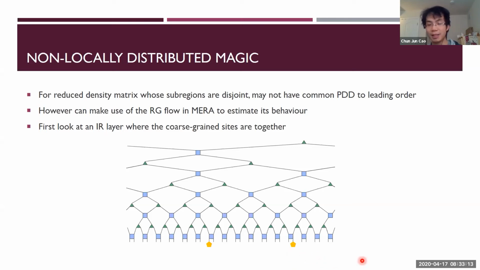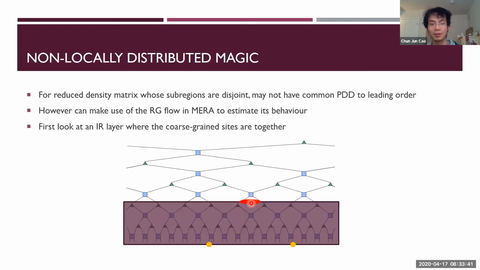We can try to understand how mana depends on their separation distance. So we cannot simply go back and use the naive counting of tensors using the past domain of dependence, because they don't share any tensor in the past domain of dependence. Nevertheless, there is a coarse-grained version of them that does share a tensor in the past domain of dependence.